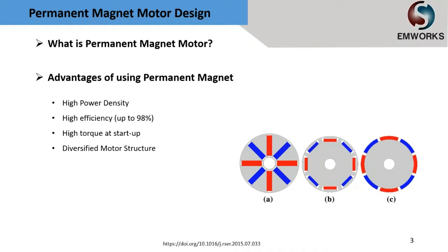One more interesting advantage of using permanent magnet is that the diversity of the configuration that can be developed by shaping and placing the magnet is very high. You can see just 3 examples of these permanent magnet motors. It's just a simple one.